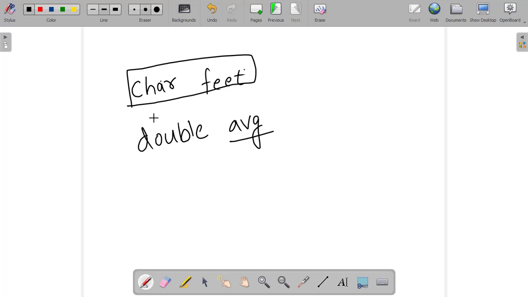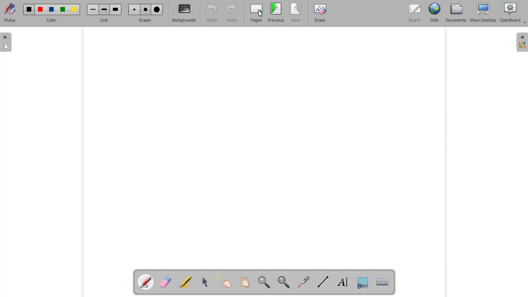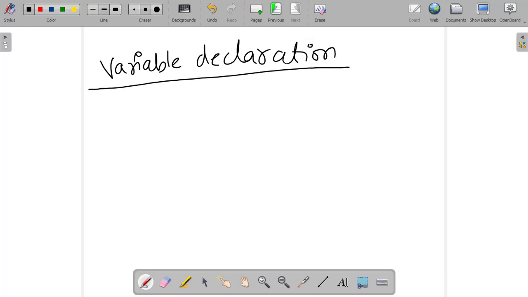So how can we declare the variable? Declaration means how we can store the value here. Suppose if we write int x equal to 5, we have specified here, and then after we have to place a semicolon.